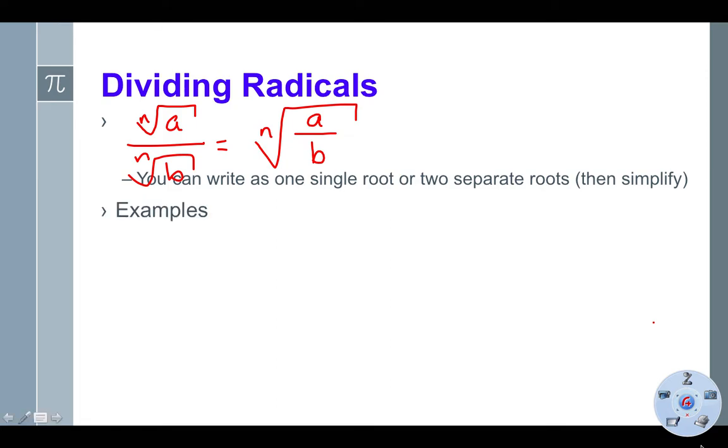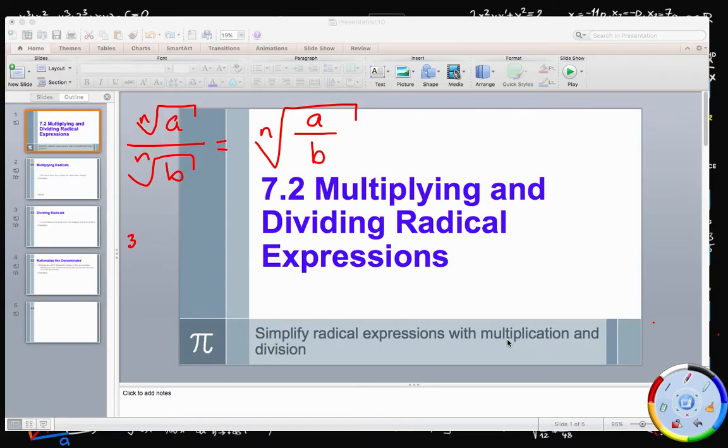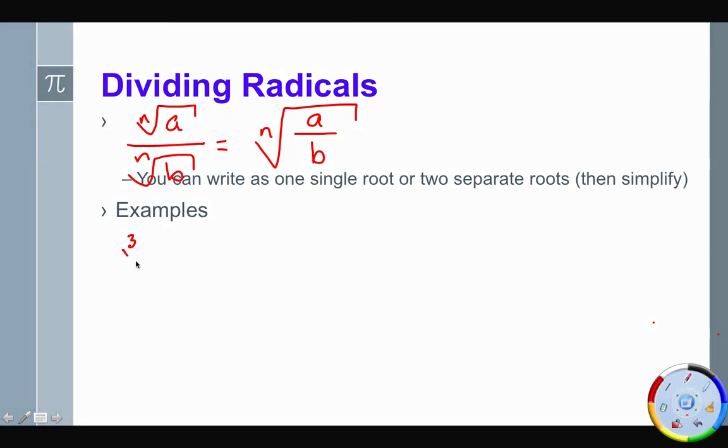So let's take a look at a couple of examples. If we had the cube root of 32 over the cube root of -4.